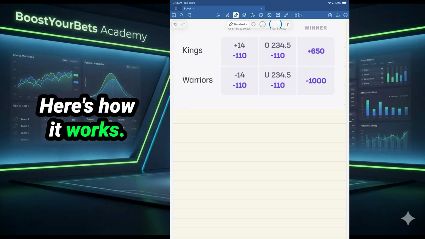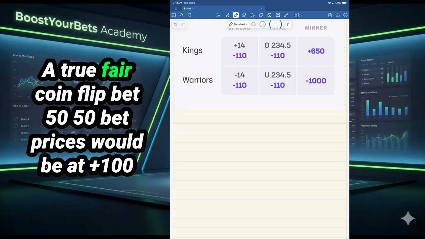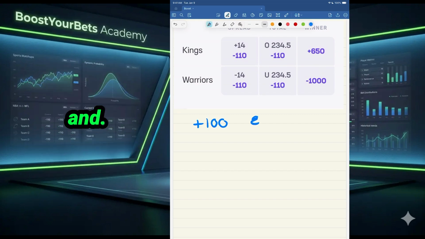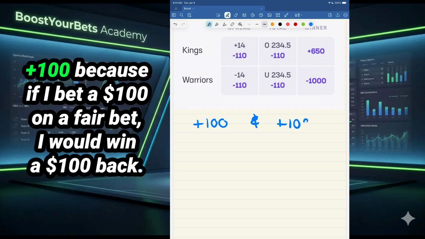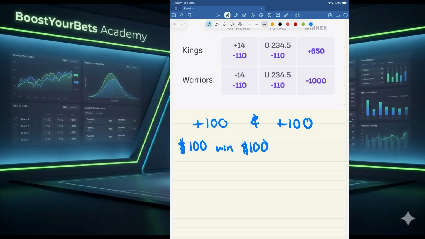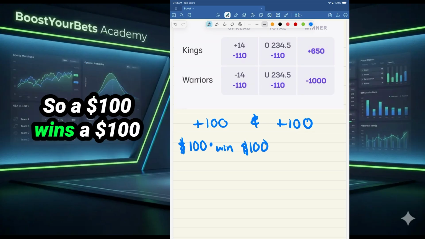Here's how it works. A true, fair coin flip bet, a 50-50 bet, would be priced at plus 100 and plus 100. Because if I bet $100 on a fair bet, I would win $100 back. So $100 wins $100.